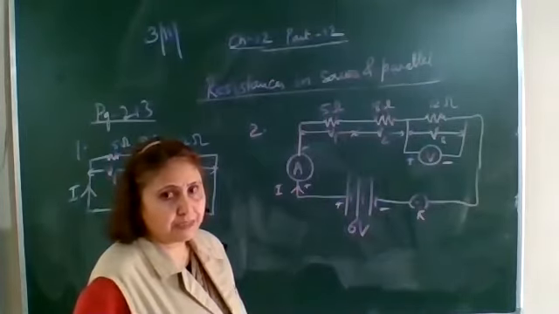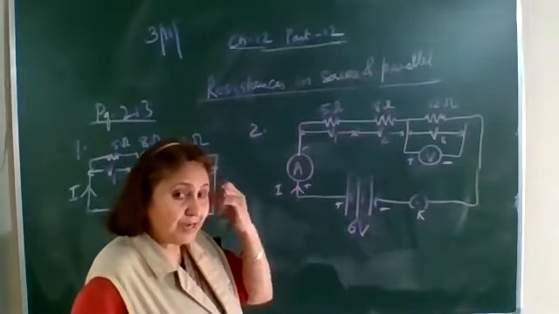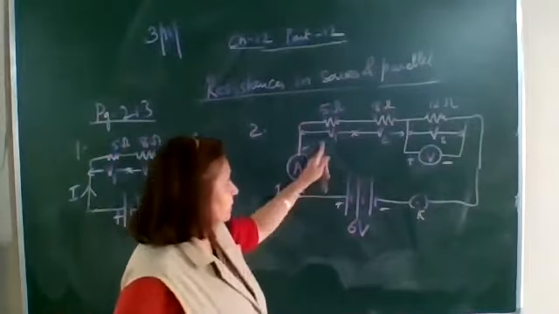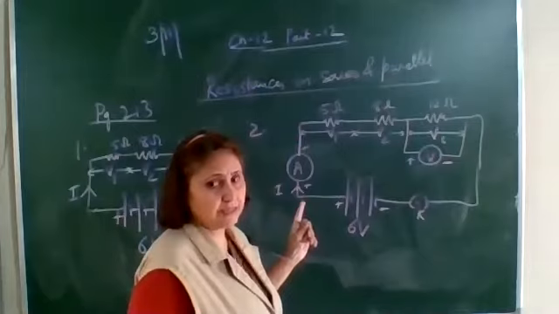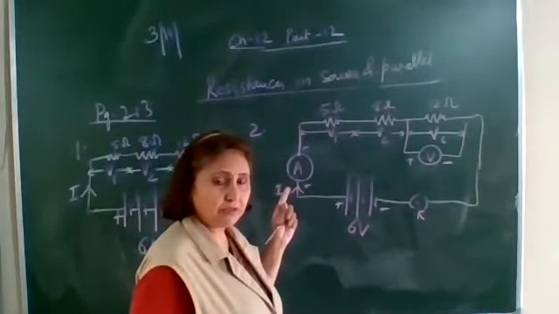I give you 1 minute to simplify and find out. So how will you simplify? First, find the equivalent resistance of the circuit. As all three are connected in series, the equivalent resistance will be equal to the sum of all these.